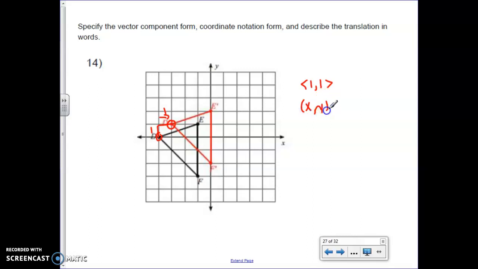In coordinate notation, I am adding 1 to X, adding 1 to Y, and I'm going right 1, up 1. So what I'm asking you guys to do is just try to finish the next couple for me, and we'll definitely talk about those tomorrow in class. Have a great day.